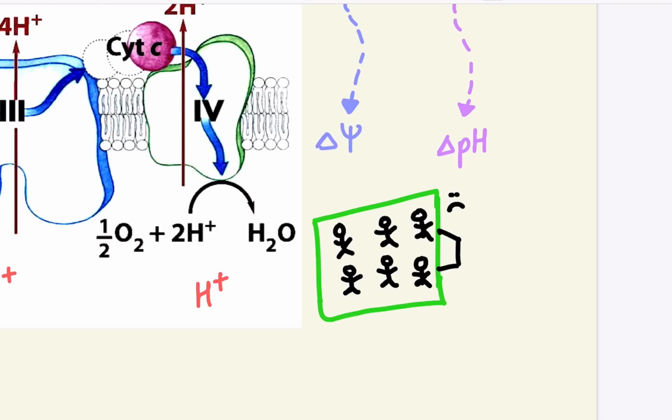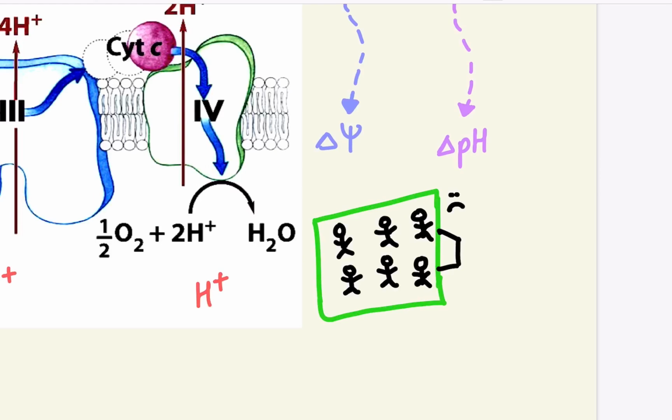But basically, a gradient is when you have a lot of something in one area, and there is a difference in the amount of that thing in that area and somewhere else. So there's a lot of people in location X and not a lot of people in location Y. That's a gradient.